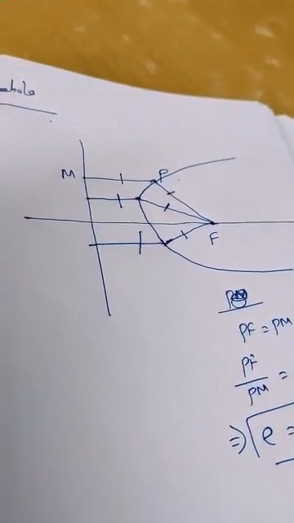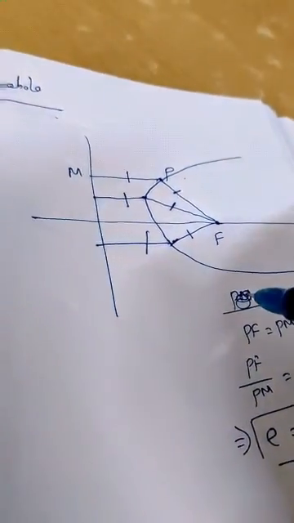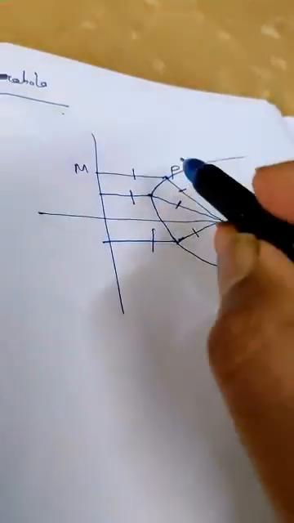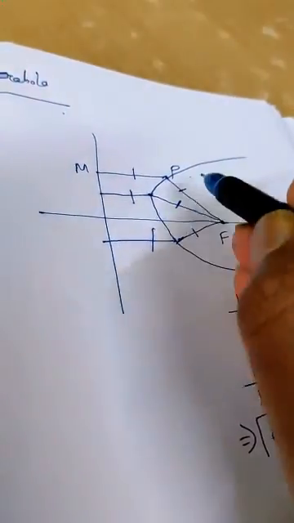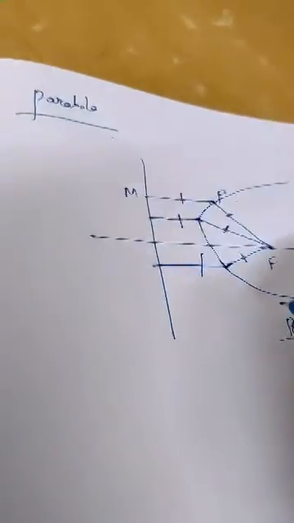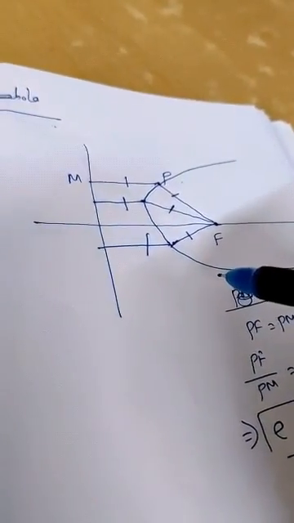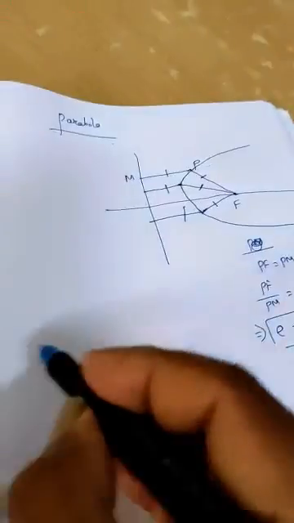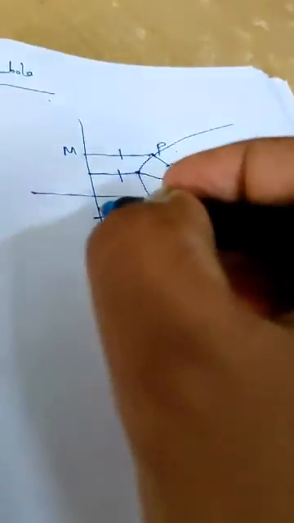So what is a parabola? The locus of a point whose distance from the fixed point is equal to its distance from the fixed line. Locus means path. That is known as a parabola.